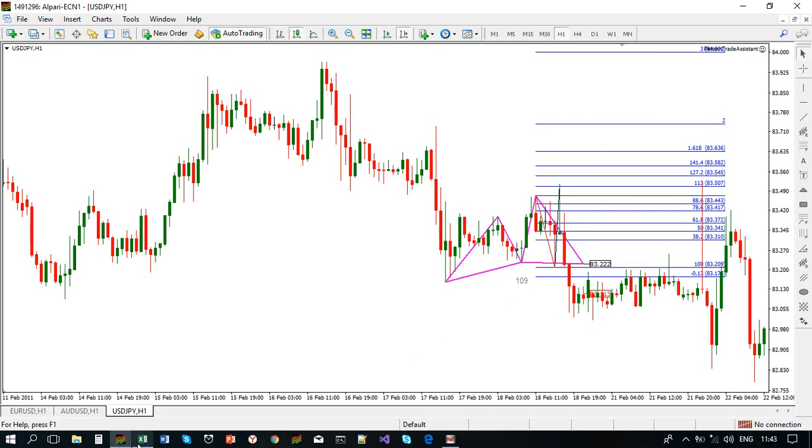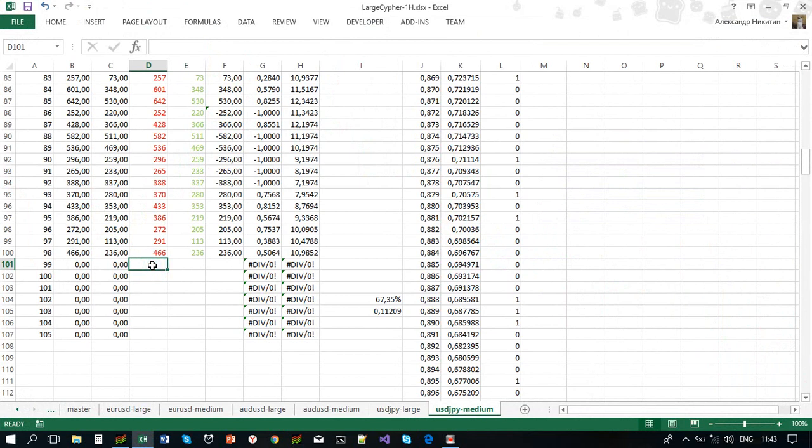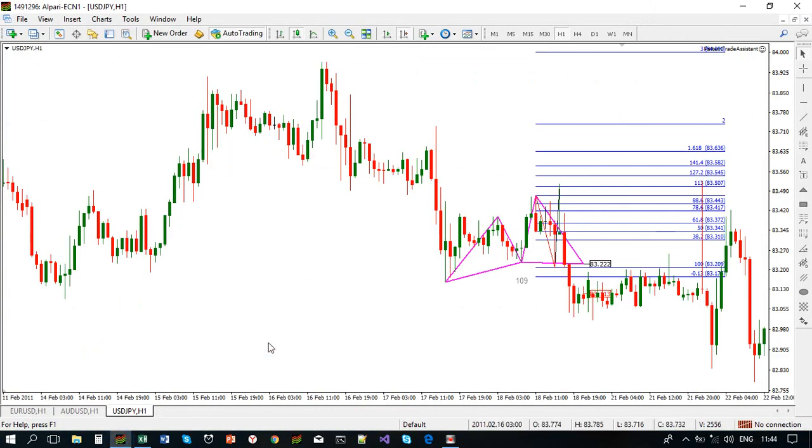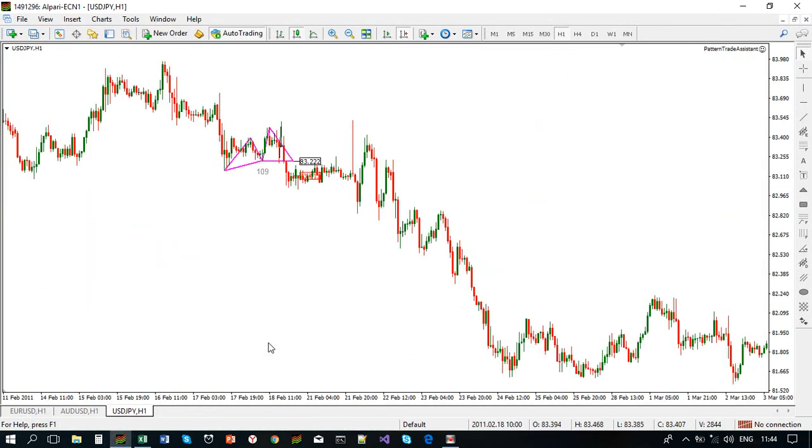And what is the probability of the next trade having the same outcome as the previous trade? Our previous trade is the winner. So my question is, what is the probability of the next trade to be the winner as well, rather than to be opposite, rather than to be a loser?